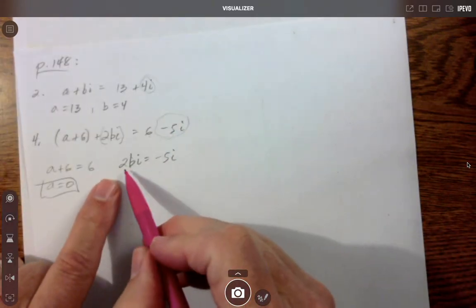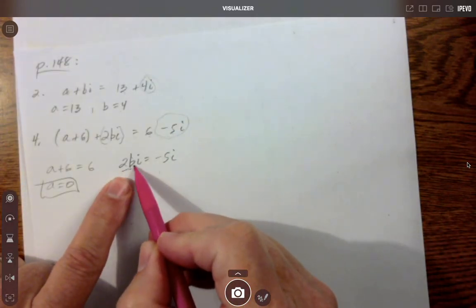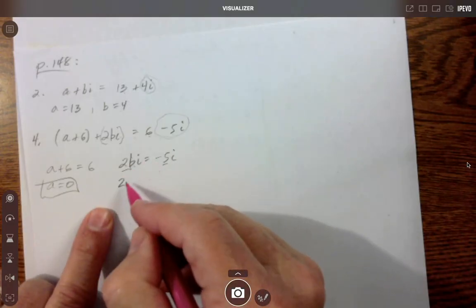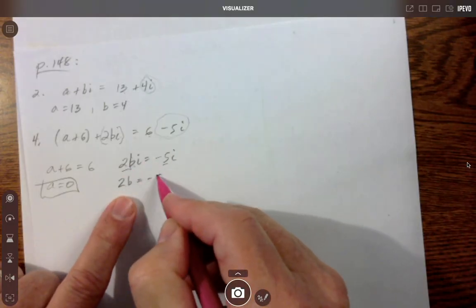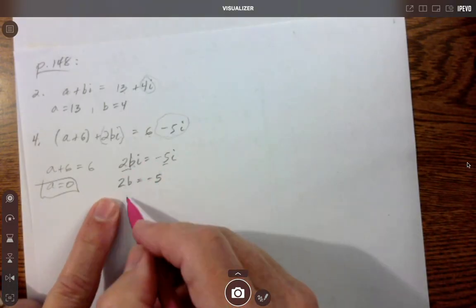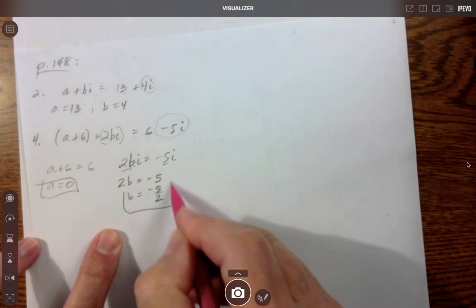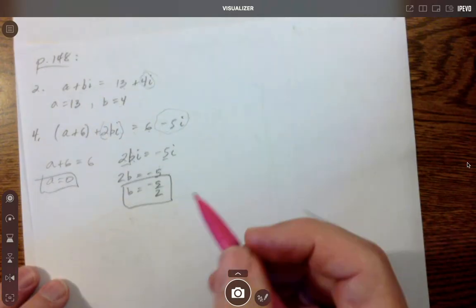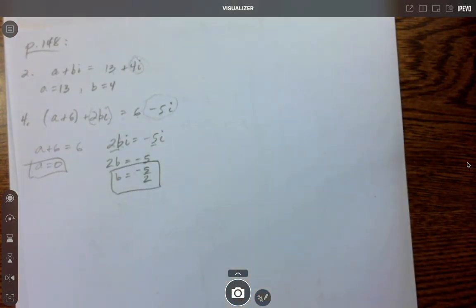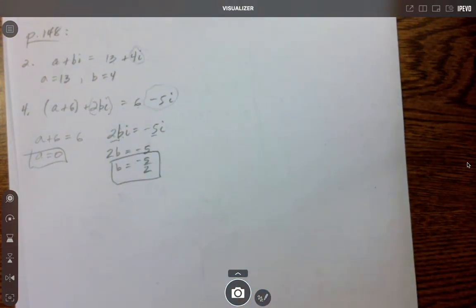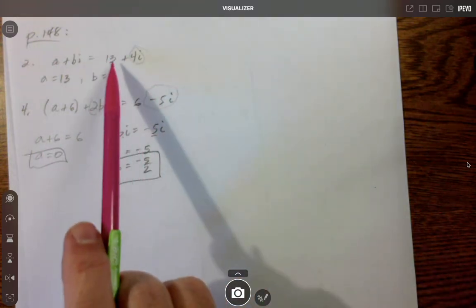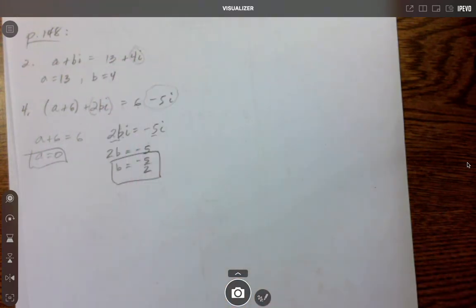So that means 2b is negative 5. Therefore, if I divide by 2, b is negative 5/2. All right, so that's just getting you used to distinguishing between the real part and the imaginary part of complex numbers.